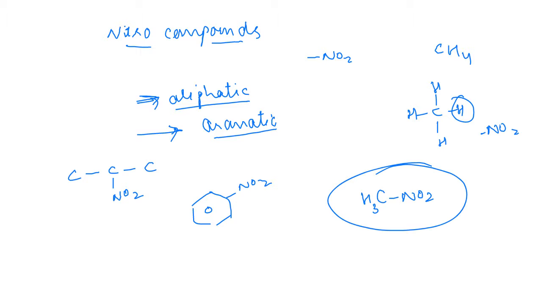In case of aliphatic, three categories are there: primary, secondary, and tertiary. So see, if we have aliphatic nitro group, then it depends on the carbon on which this nitro group is attached, what type of this carbon is.